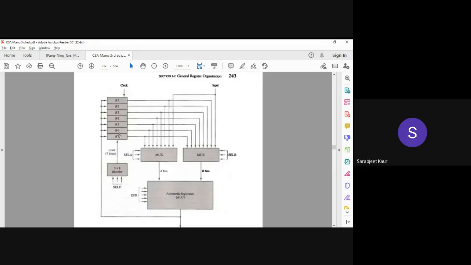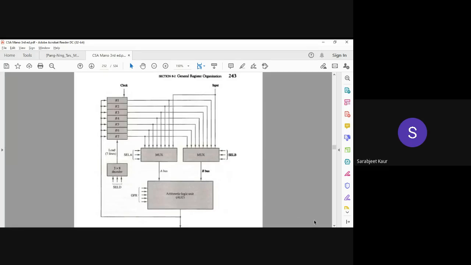So which out of these 7 registers has the operand 1 is specified by select A, then in which register the operand 2 is stored is specified by select B. Okay, so three bits here tell us which register has operand B. So the register that is storing operand 1 is passed on to bus A, and the register containing operand B is selected and passed on to bus B.